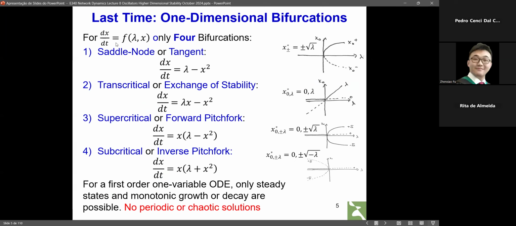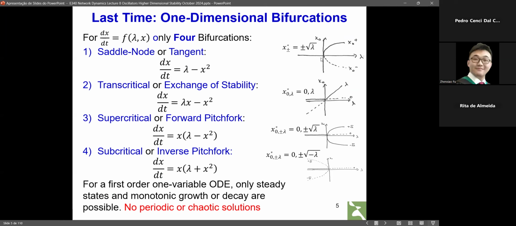If you have one dimension, there are only 4 different types of bifurcation. First is the saddle node, where you have something like that.